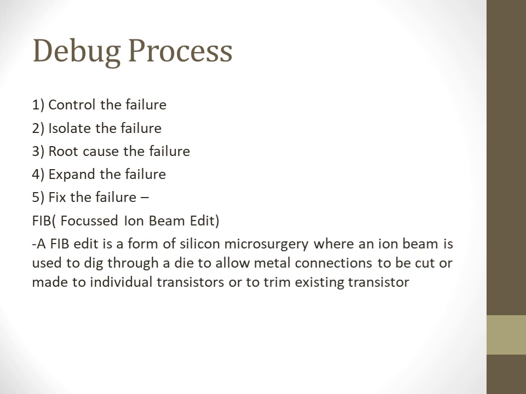Next step is finding the root cause of the failure. This is done through post-silicon tools and methods such as mechanical probing, laser voltage probing, emission microscopy, and optical probing methods.